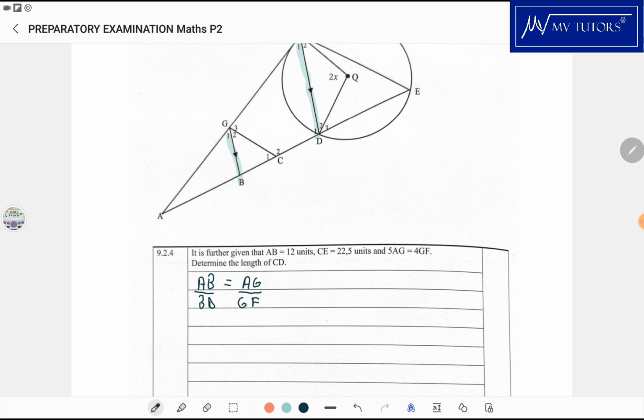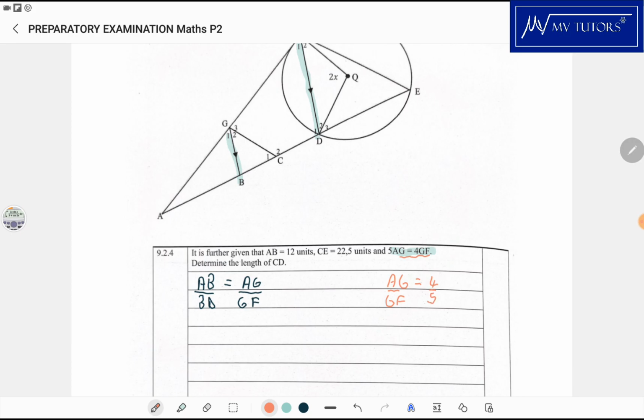So what information do we have? We actually have information right here about the relationship between AG and GF. So I'm just gonna write it on the side here and cross multiply these two, such that they give me AG over GF, on the other side I'll be left with 4, and then I divide by 5.